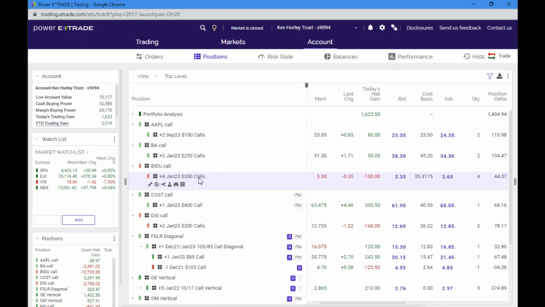Baidu, I'm going to wait for earnings coming up on this one. But don't forget, we dollar cost averaged the 350s from 2 contracts to 4, and we paid off basically one of my original legs.